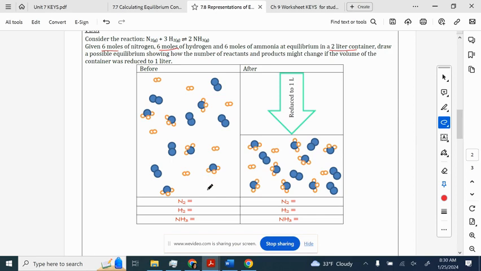Three. Yep. Okay. Is that what I want to use though? Or do I want to stick with moles? Just as the number of reactants and products. Oh, number of reactants and products. Okay, fine.